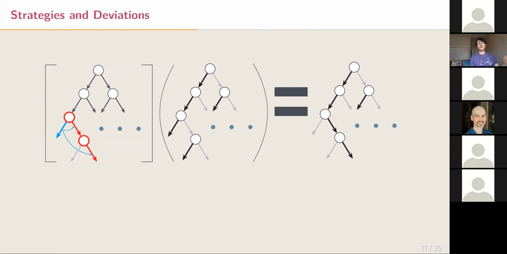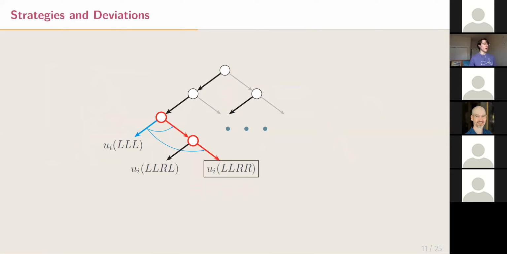Now we're going to need to compress this a little bit, and we can do that just by overlaying the deviation on top of the strategy. So now we can see that the original strategy went left, left, but the deviation strategy triggered and went to right, right. And we end up at this LLRR outcome.